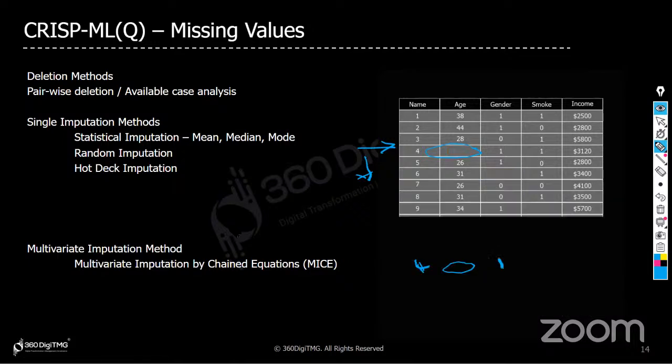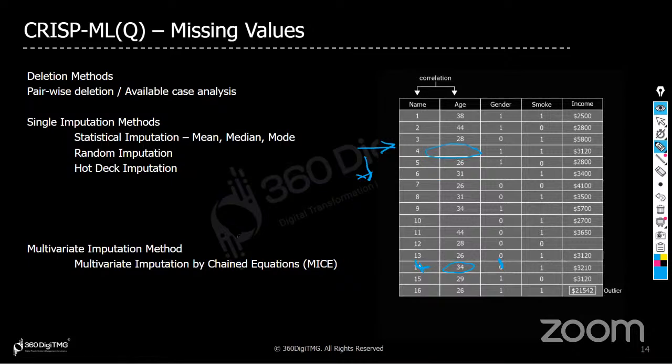If there are multiple matching records, it will take the average. If no record matches, it will remove one column at a time and check. Like if we remove the income column, it will check the matching with the other records. Even if a match is not found, I will remove one more column and check, and one more column and check. That is how hot deck imputation works.